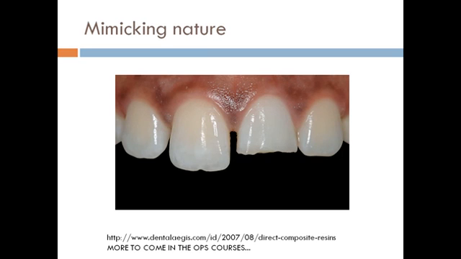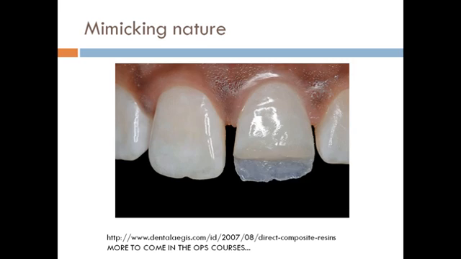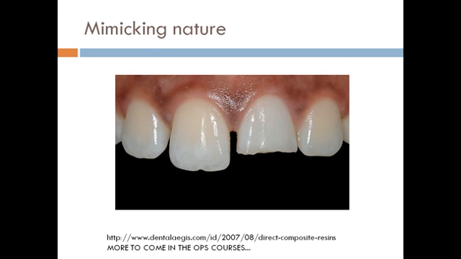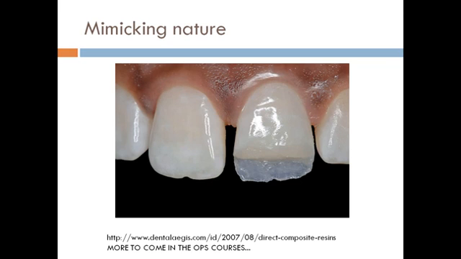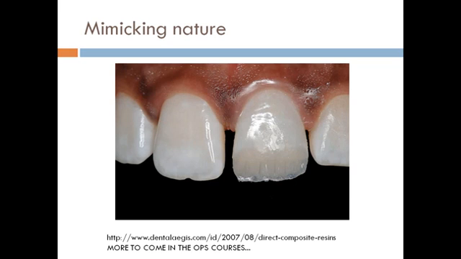With composites, you can actually mimic nature, and you're going to learn from Dr. Da Costa a lot about mamelons and doing all sorts of characterization on the tooth. But this is just a sequence for a class 4 restoration that can be highly aesthetic. You start with a posterior shell, as we call it, a very transparent color.